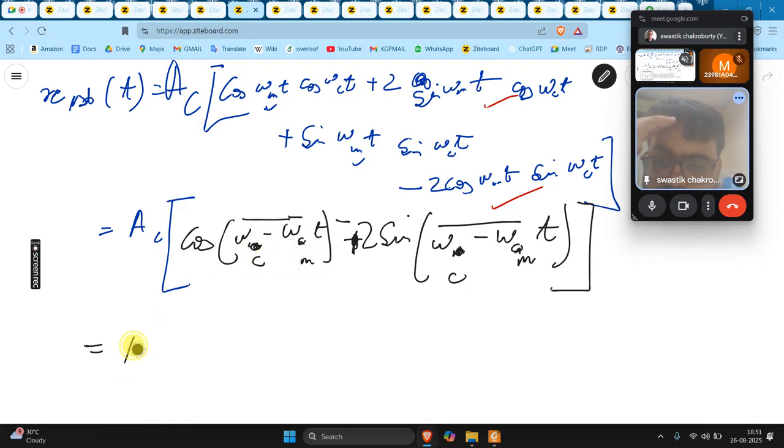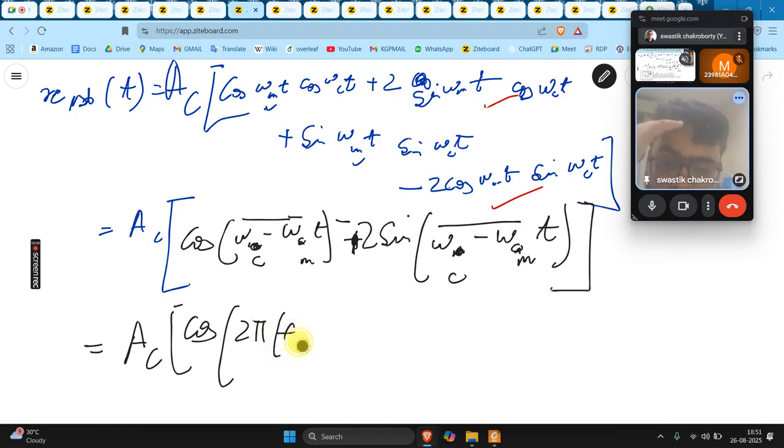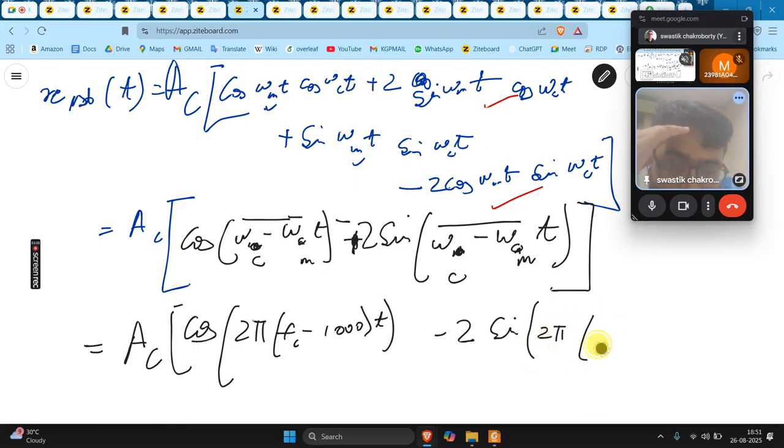Now this will be cos 2 pi fc minus 1000 t, where omega c is 2 pi fc and omega m is 2 pi 1000, minus 2 sin 2 pi fc minus 1000 t.